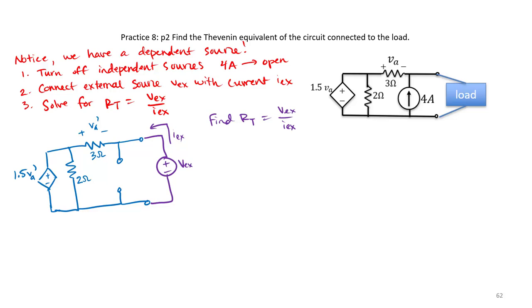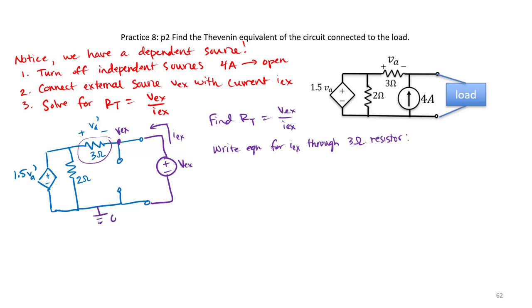Let's start by getting some expressions that relate VEX and IEX. A good place to start is that 3 ohm resistor. So let's first write an equation for IEX through our 3 ohm resistor. Here, we know we have VEX volts on the right-hand side.